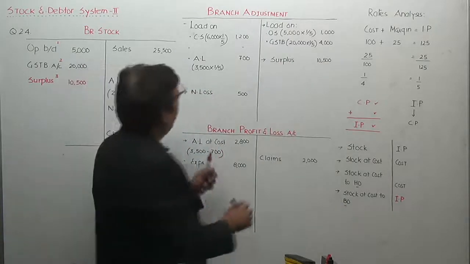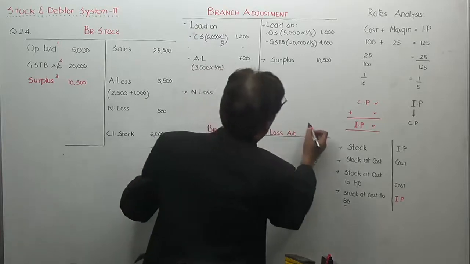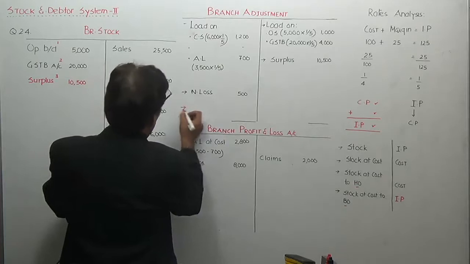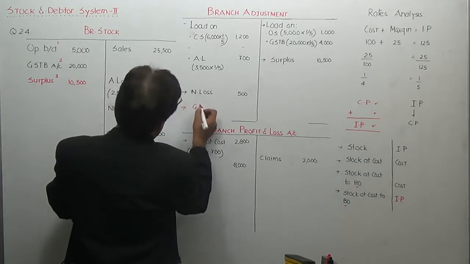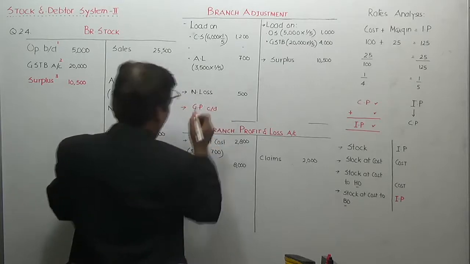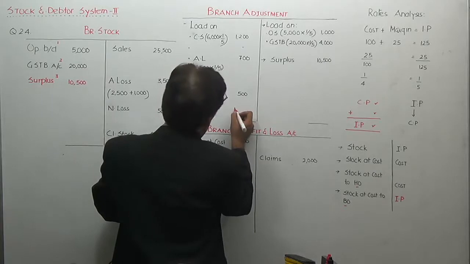Now I am going to tally the branch adjustment account. Branch adjustment account will let me know my gross profit. So gross profit in this case happens to be this much. Gross profit carried down. How much is the gross profit? That happens to be 13,100.